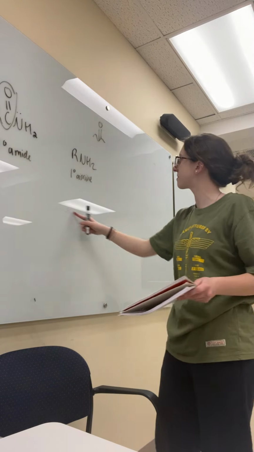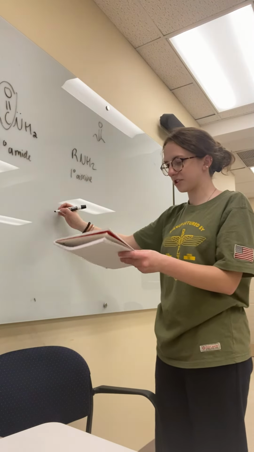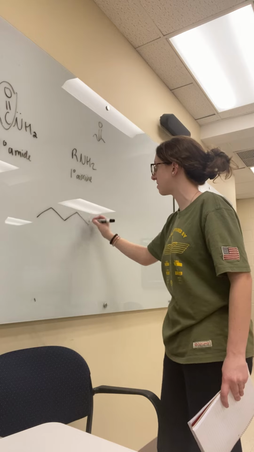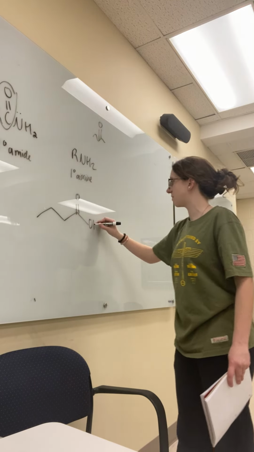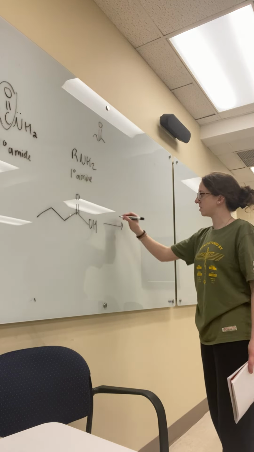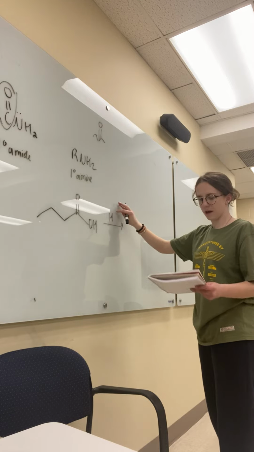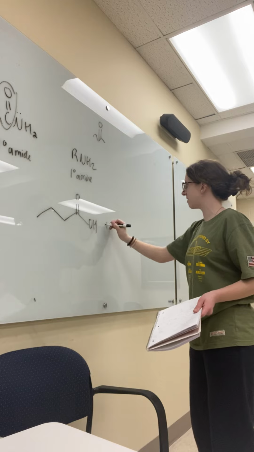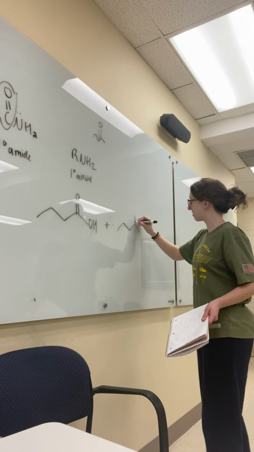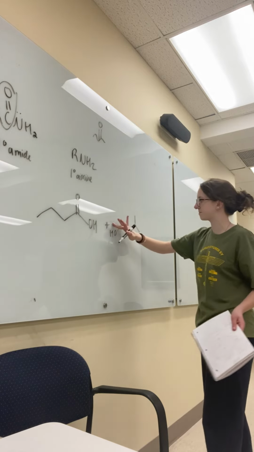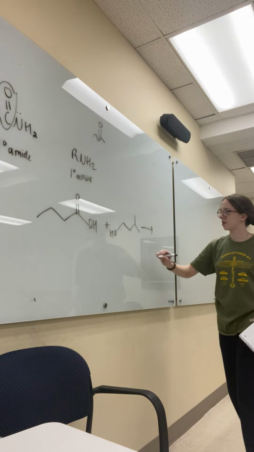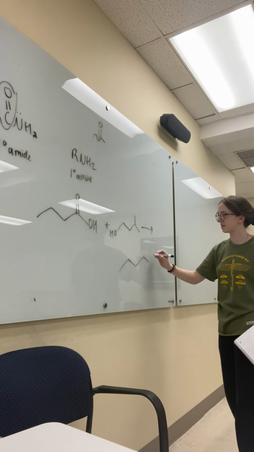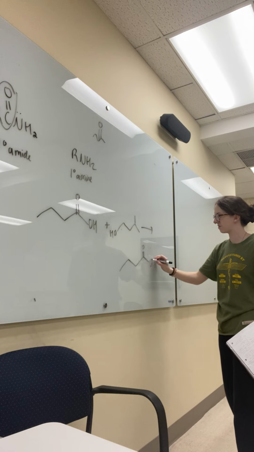So, again, just to review the reactions from last week, when you have this, and you add, let's just do a random alcohol, you are able to get that ester from it.